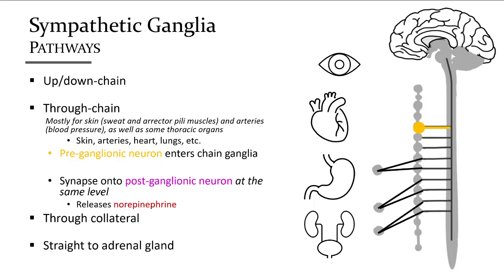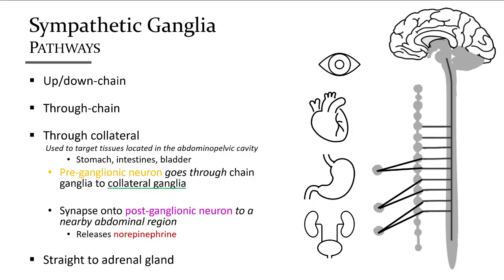Or it can come out the chain ganglia and then move straight through to the other side, again releasing norepinephrine. Or it can go out the chain ganglia to the collateral ganglia and then distribute to various regions within the abdominal pelvic cavity, releasing norepinephrine there.